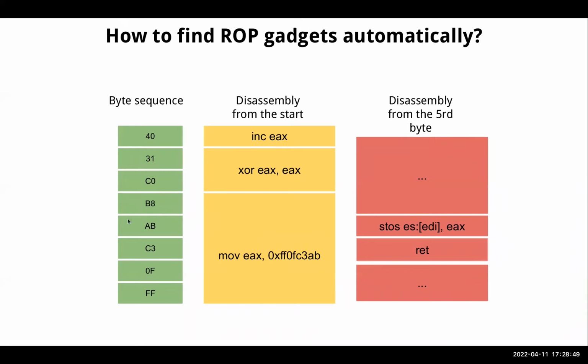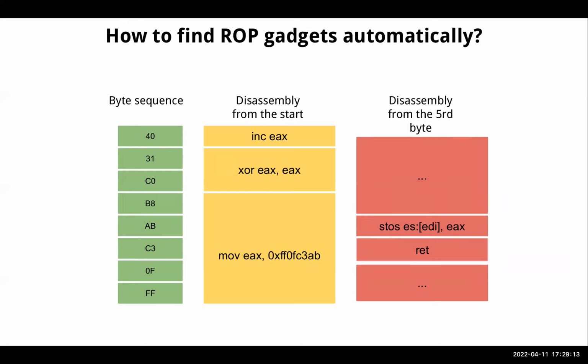Then these 4 bytes will be interpreted by the CPU differently. The first byte is AB, not B8 anymore, and AB is a store instruction to store EAX to some memory location. Then after AB, there is C3. What is C3? C3 is basically return, right?